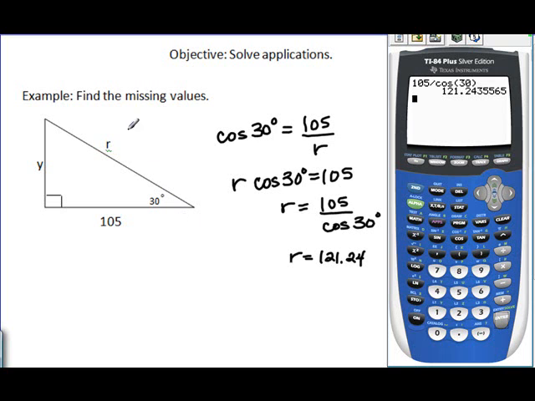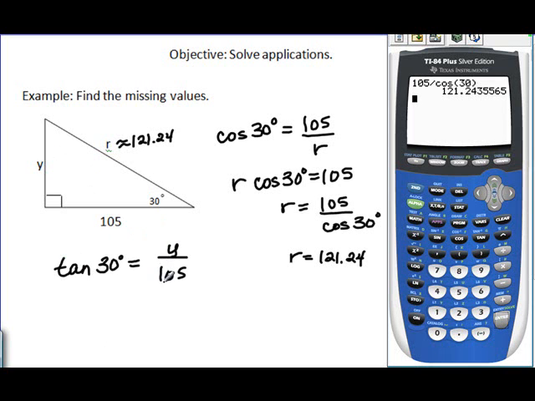Now that I know r is equal to 121.24, I now need to find y. So to find y, I want to use one of the trig functions that involves the adjacent and the opposite. Well, that is tangent, right? Tangent of 30 degrees is equal to the opposite over adjacent, so that would be y over 105.